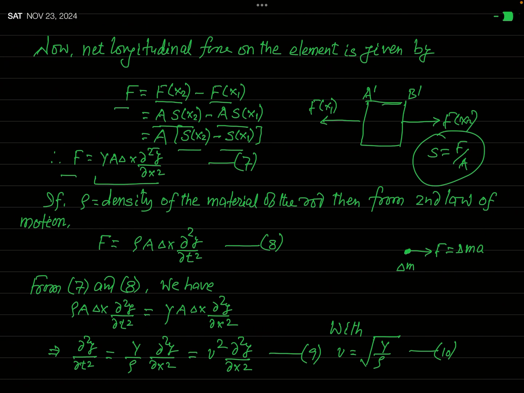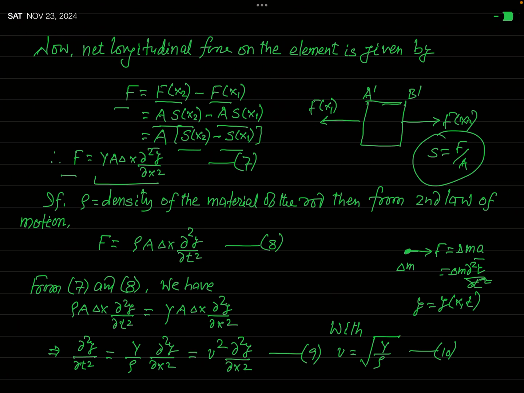As this element suffers displacement y in the x direction, this will be equal to delta m times del 2y by del t square. Again, you can mark here that I have taken the partial derivative, not the ordinary derivative. Why? Because in general this displacement y will depend on two independent variables.